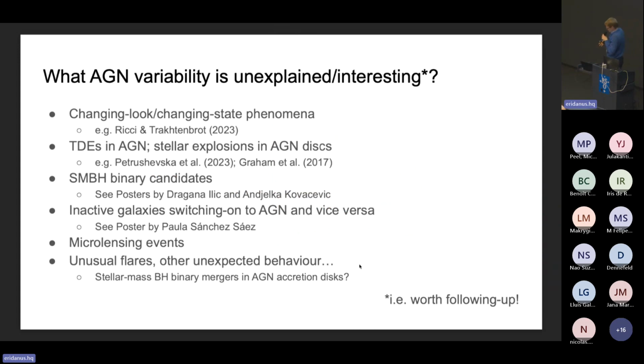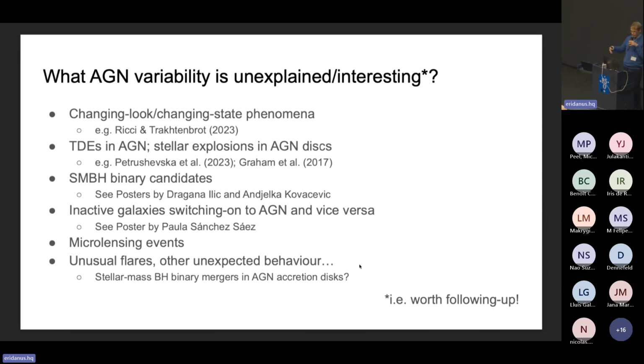So what could those objects be? Just as some examples of what we might expect to be finding if we go and look at that parameter space. I'm going to talk a little about changing look AGN and explain what they are, or some people call them changing state AGN. The idea is that there are actually changes going on in the accretion disk itself. That's obviously really interesting because it's telling you about the accretion physics and what's happening down in the inner region of the AGN.